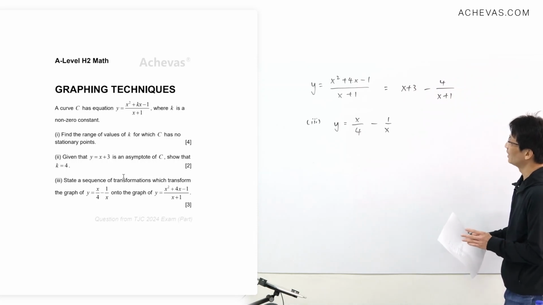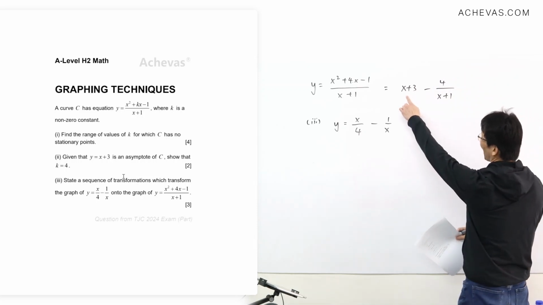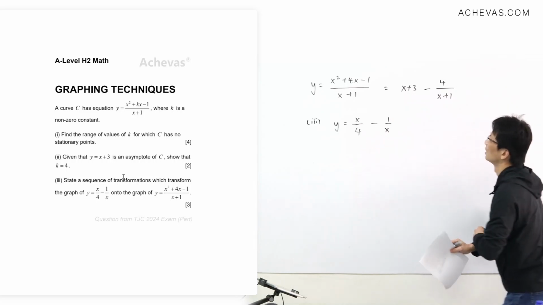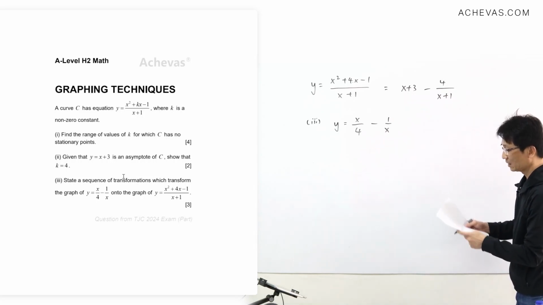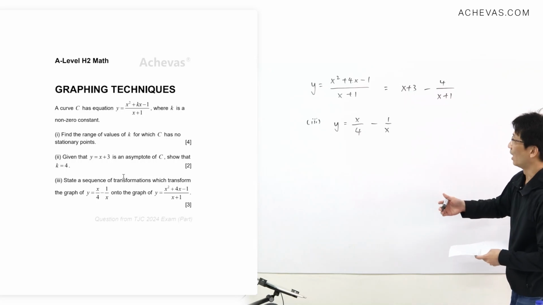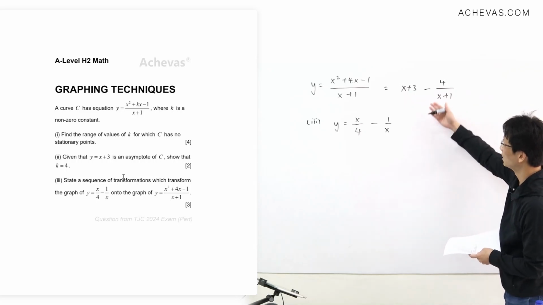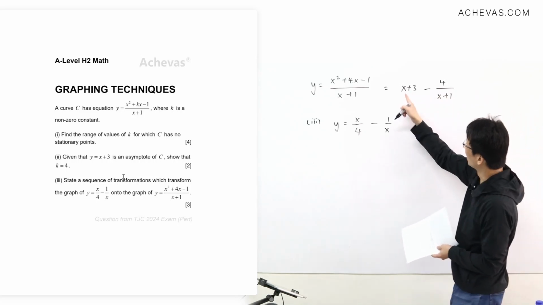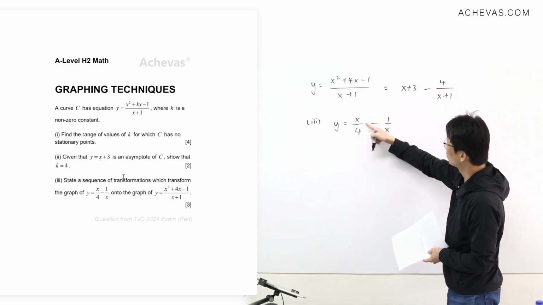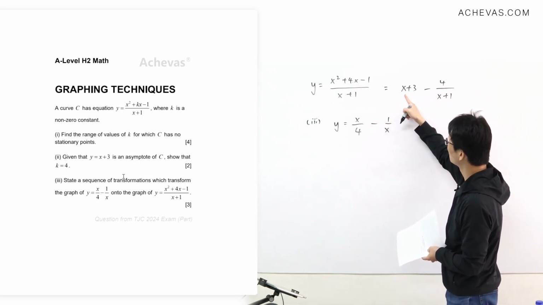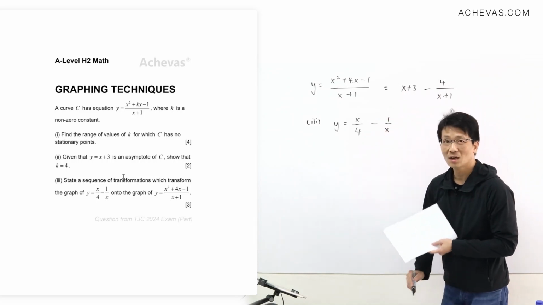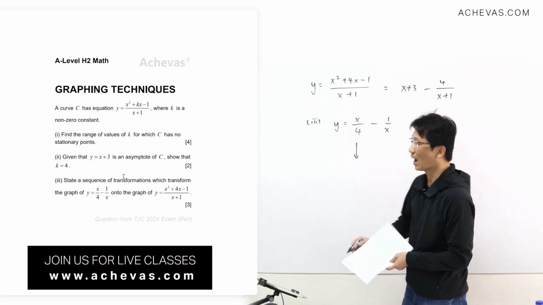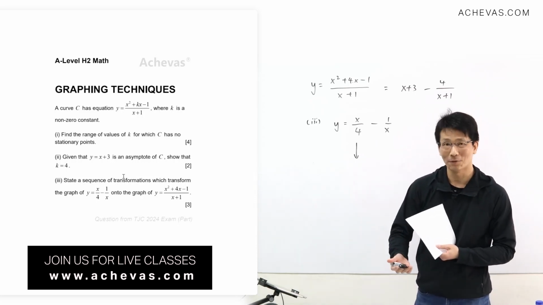Okay, now I think it looks better because this involves an x here and an x at the denominator, which is a bit similar to this. Now from here, I can start my sequence of transformations. The first thing I want to work on is this x over 4. There's an x here, where the coefficient is 1 instead of 1/4. Perhaps the first step is to replace my y with y over 4.